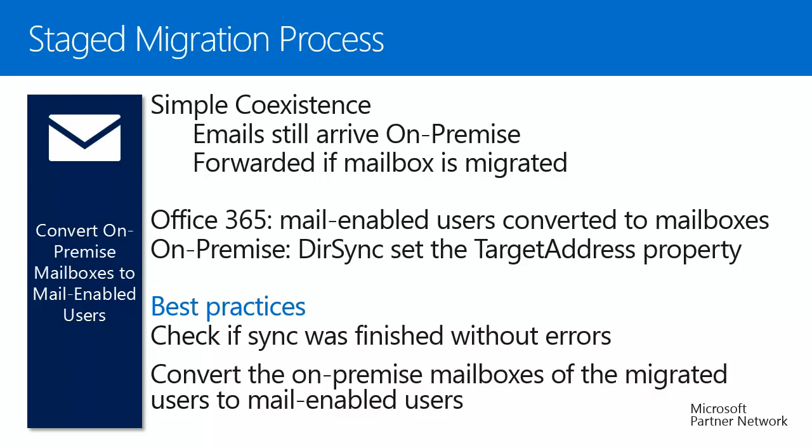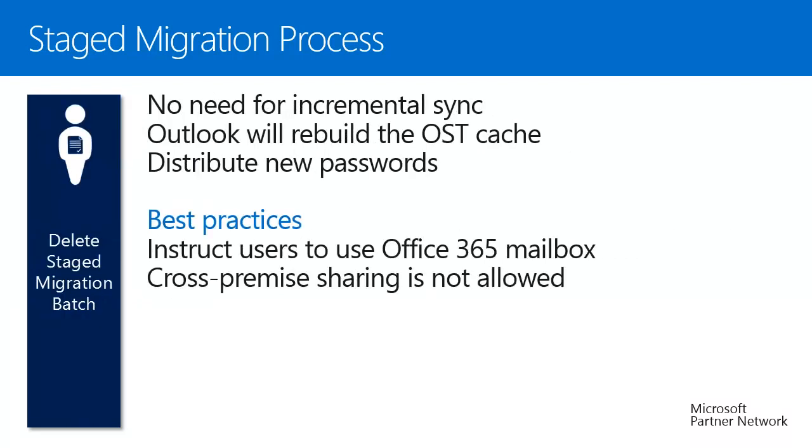This is the best practice. If we have finished with one specific migration batch, we just need to remove this migration batch. As I told you before, we don't have incremental synchronization because we forward all the emails to the cloud mailbox. And again, we need to keep in mind that Outlook will rebuild the OST cache.